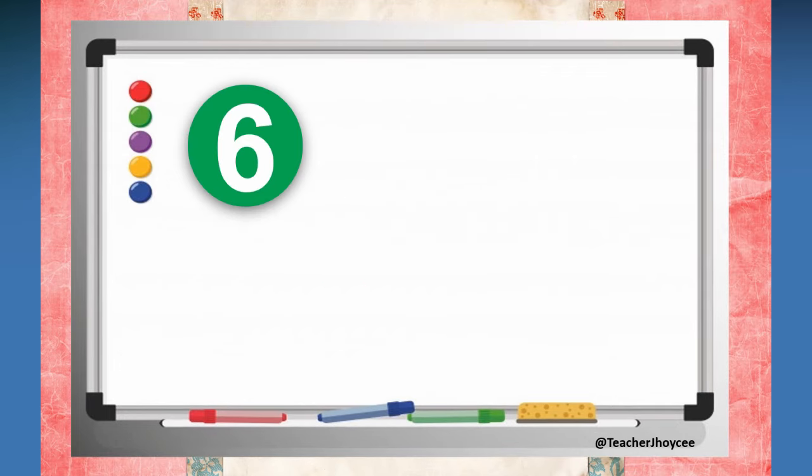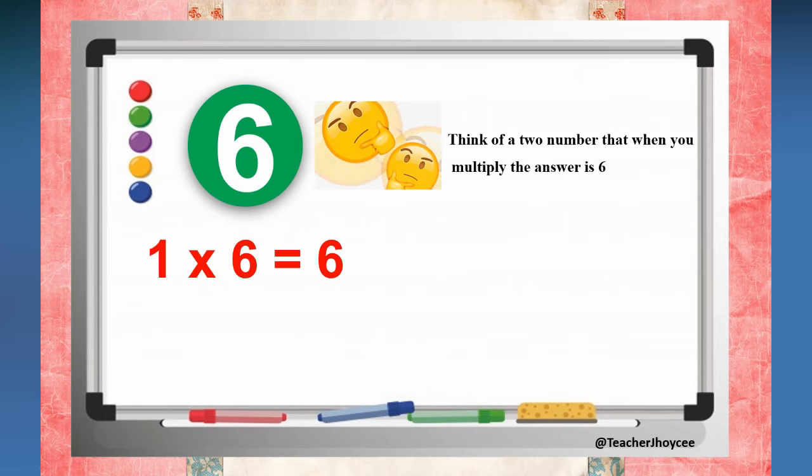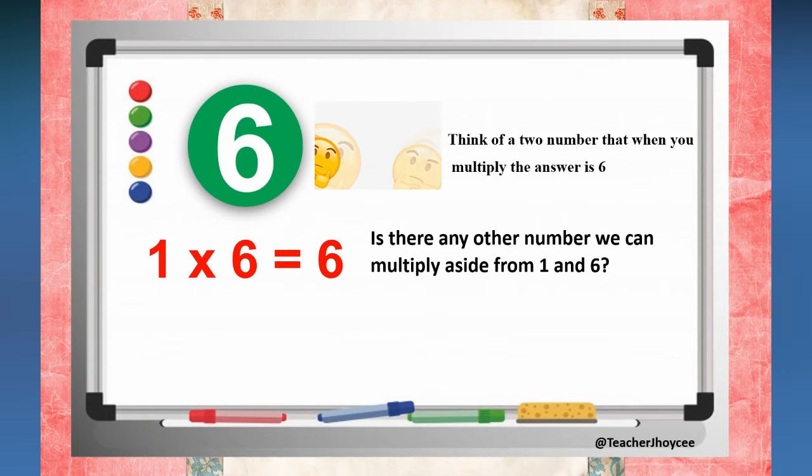Let's identify if this number is a prime or a composite number. So we have 6. Now, think of two numbers that when you multiply, the answer is 6. We know that 1 times 6 is equal to 6, right? Is there any other number we can multiply aside from 1 times 6?